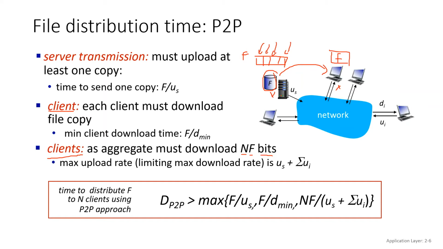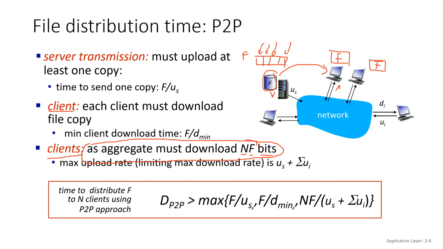That's basically it. The clients download all the bits from all the users to get the file. The different clients download the file from the other clients.